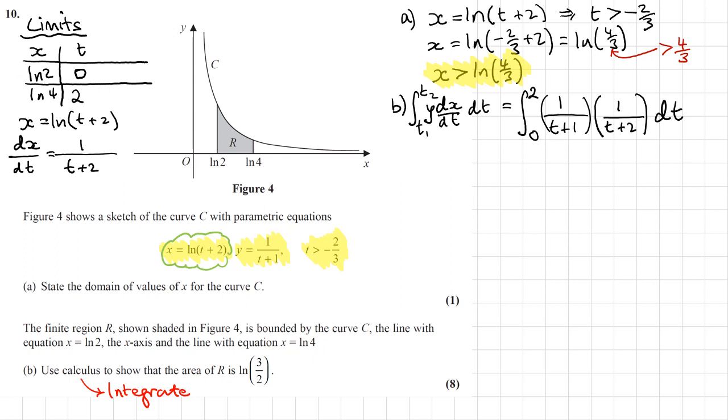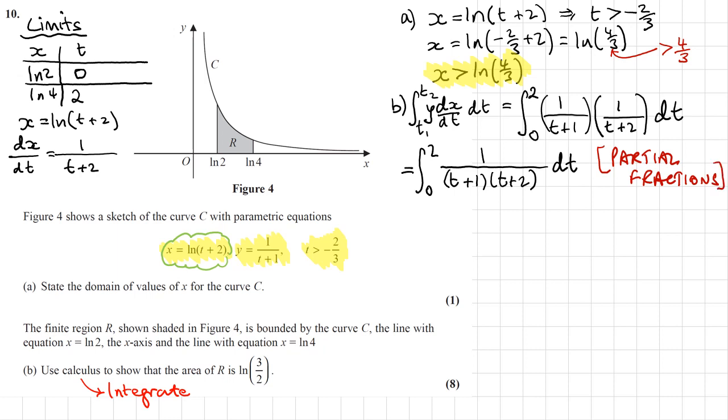Now, when I see something like this, I can see it's going to be partial fractions to integrate, because I can put those two together and I'll get 1 over t plus 1 times t plus 2. So I've got these factors here, t plus 1 and t plus 2, and I'm going to use partial fractions. So I'll just write down here partial fractions so you know what I'm doing.